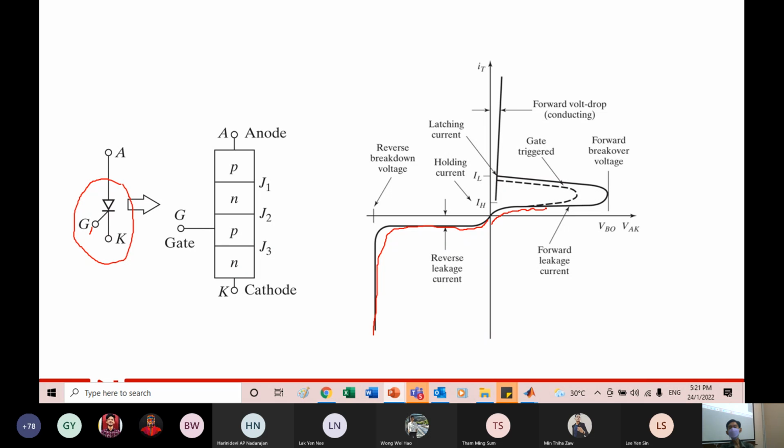Now, forward bias, like I said, without gate current, it is something like that. But once you apply the gate current, it will move like that and turn on. It will become like that.